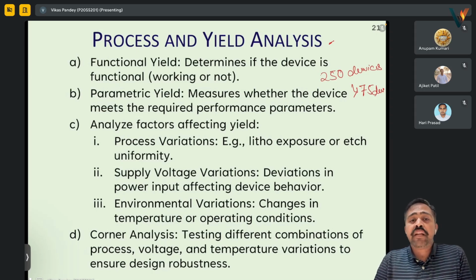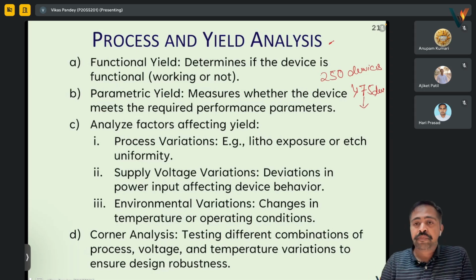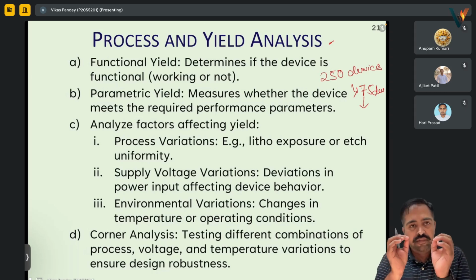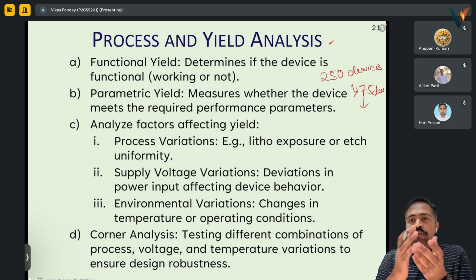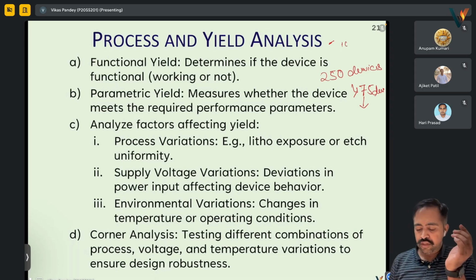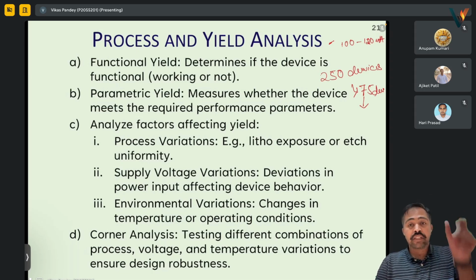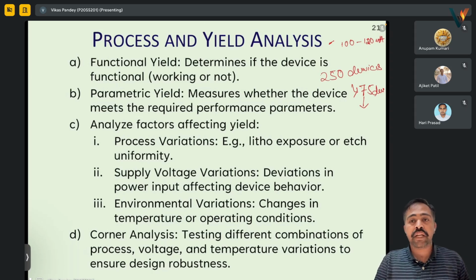Second is parametric yield, whether the devices meet the required performance parameter. Say out of these 75 devices, let's say we wanted transistors, we wanted their saturation current at a specific gate voltage to be in the range of 100 to 120 microampere. So how many of these devices are giving the parameter that we wanted?